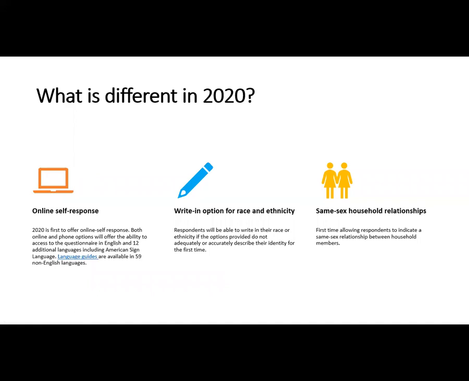So you'll be able to go to the Census website and just do a simple form to answer your questions. The website will be available in English and 12 additional languages. If somebody needs another language that's not one of those 12, there are language guides available in 59 non-English languages. So they don't actually let you fill the census out in those 59 languages, but they will provide translation services as you go along.